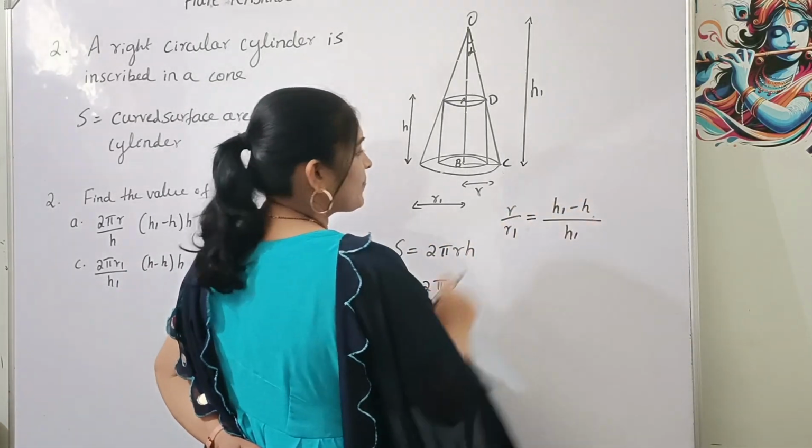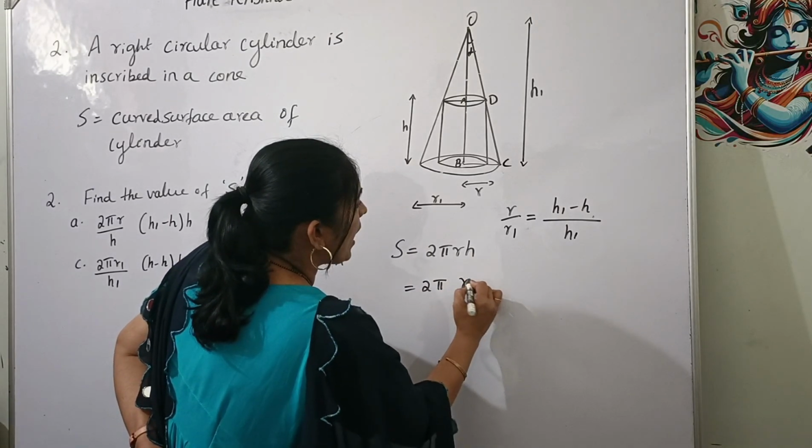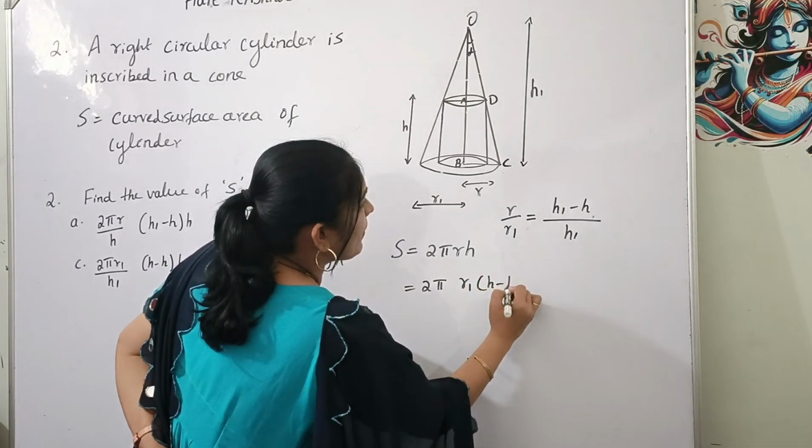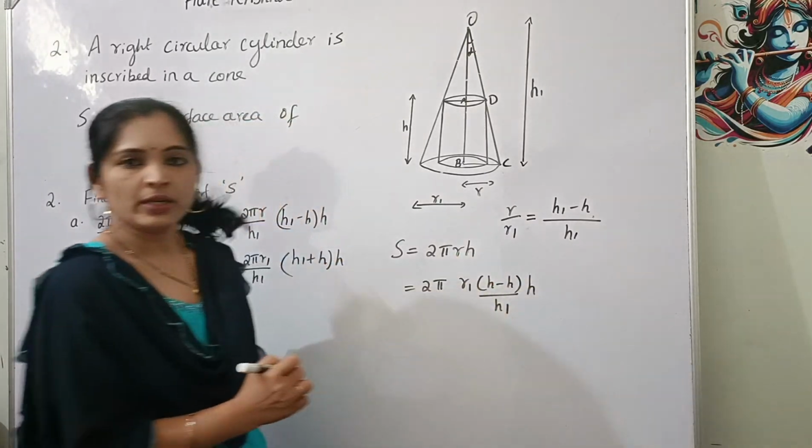So 2 pi into, what is R? Take R1 here, right? So it will be 2 pi R1 into H1 minus H divided by H1 into H, right?